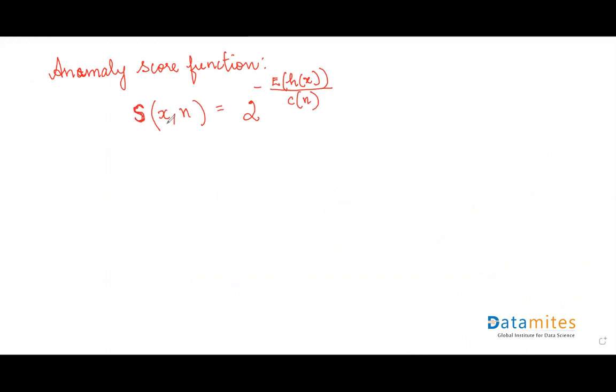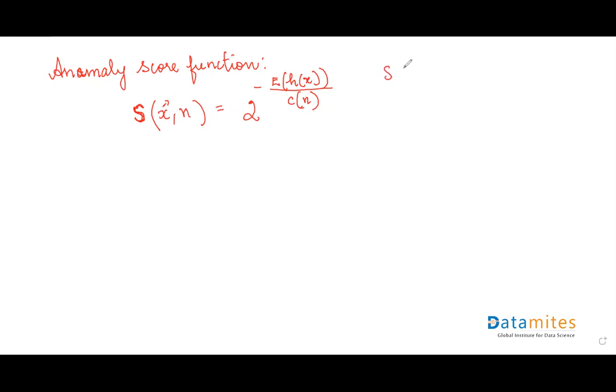The score of any data point, with the number of observations n, will be equal to 2 to the power of minus expected average path length divided by the average path length of all the nodes.